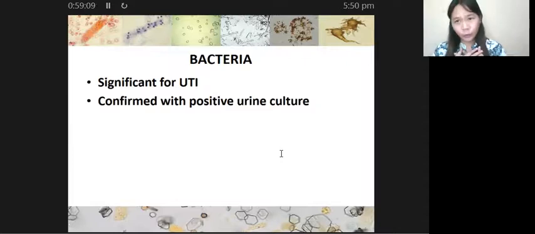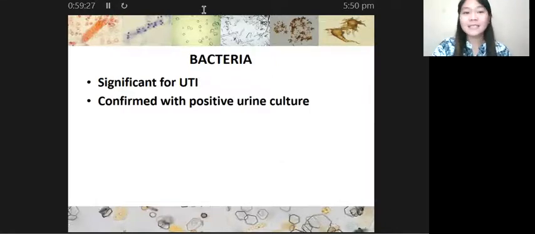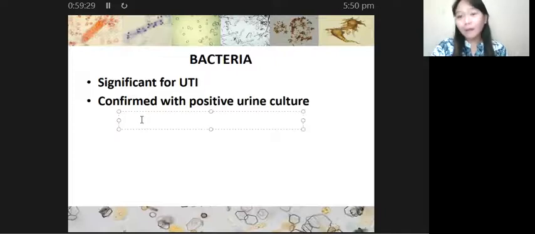So how would you know na significant yung bacteria natin? Kasi sabi ko nga, ang daming possible sources ng contamination. Paano mo malalaman na significant ang ating bacteria? Significant po ang ating bacteria pag present siya with your WBC.